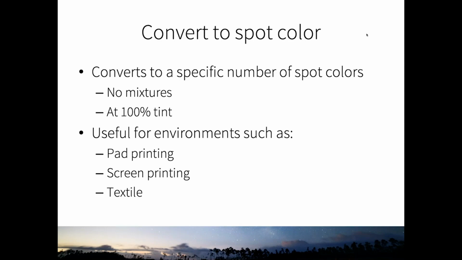There are workflows where you can only deal with spot color files, and where the spot colors cannot be mixed, and where each spot color has to be used at 100% tint. And in those environments, there is a new feature called Spotify that allows you to do that.